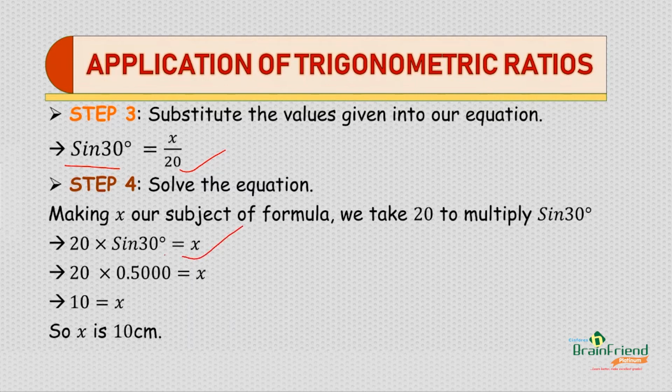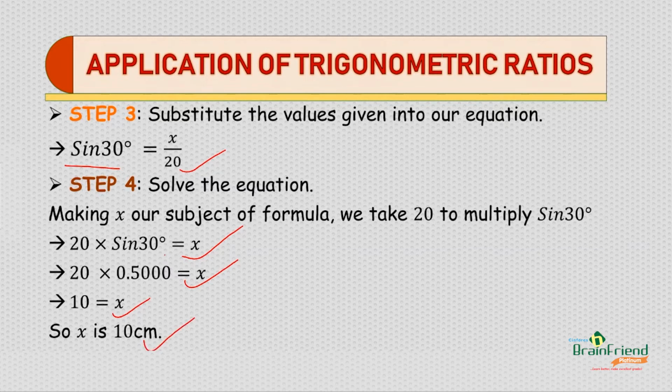Using our 4-figure table or a calculator, we'll find out that sine 30 degrees is equal to 0.5000. So it will be 20 multiplied by 0.5 is equal to x. 20 multiplied by 0.5 will give us 10, which is equal to x. So this means that x is 10 centimeters.